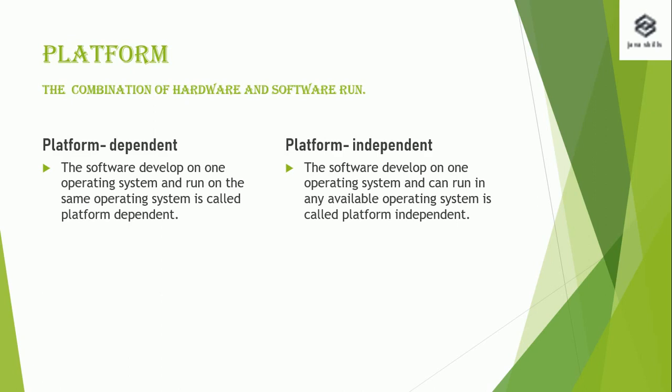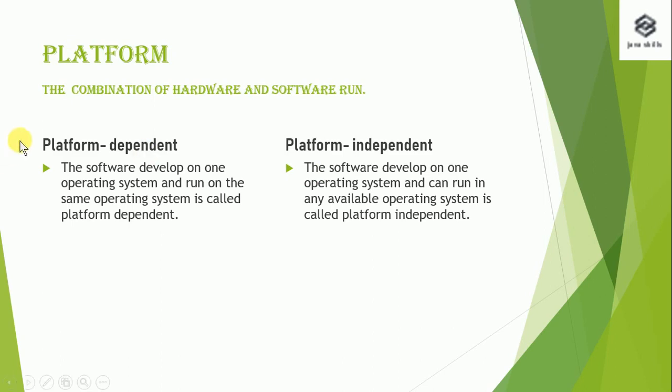We cannot run it on another operating system because C is platform dependent, whereas Java is platform independent. So we can develop an application on any operating system and run it on any operating system because Java is platform independent.